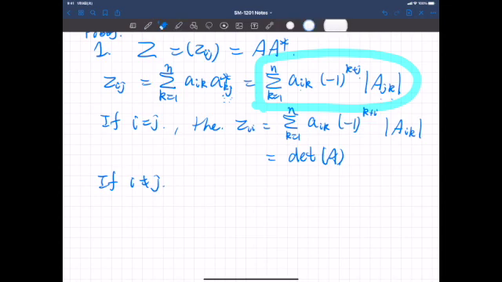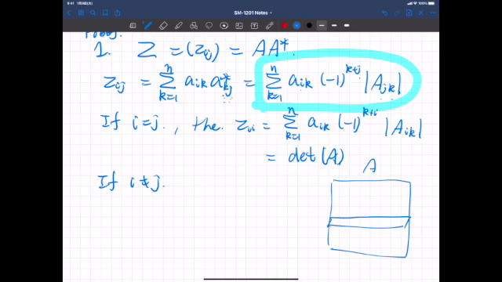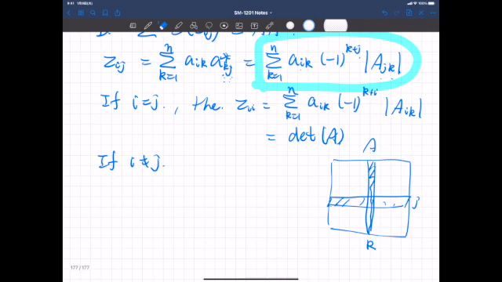So if you consider A_jk, it is something like this. If you have A, you remove the jth row and the kth column. You remove this, and the remaining part is this A_jk, right?